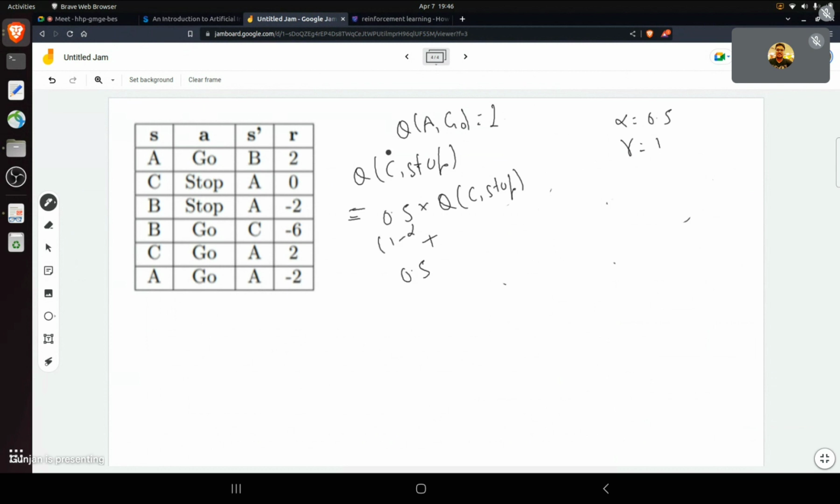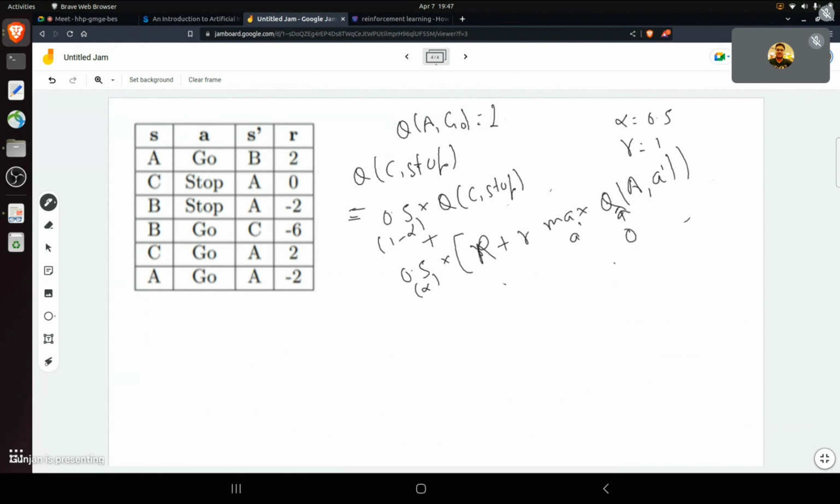Here it is 1 minus alpha, and here it is alpha, times gamma times the maximum value of the next step, which is A. Plus gamma times max over A dash of Q(S dash, A dash). What is S dash? So this value is obviously 0, right?